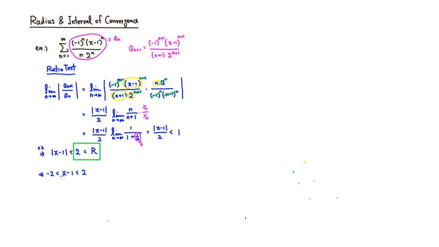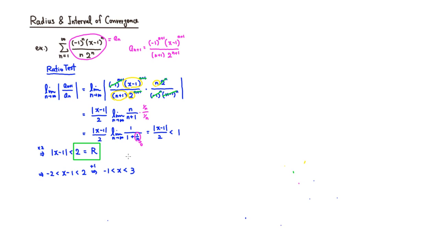Then in order to isolate x, we can simply add 1 to everyone. So negative 2 plus 1 is negative 1, and we have x, and 2 plus 1 is 3. So x is going to be between negative 1 and 3.